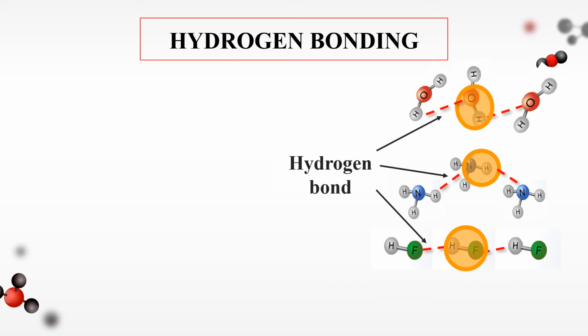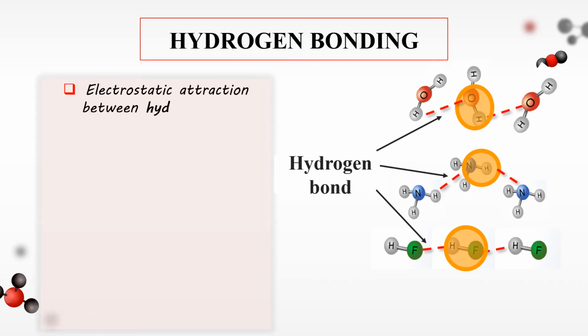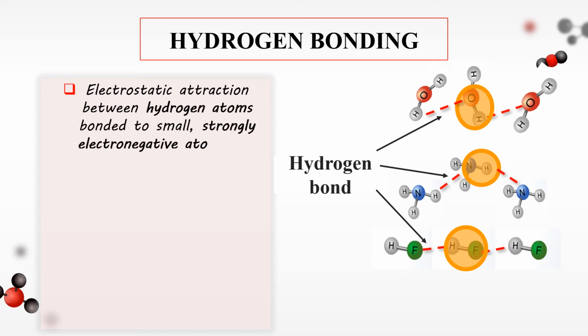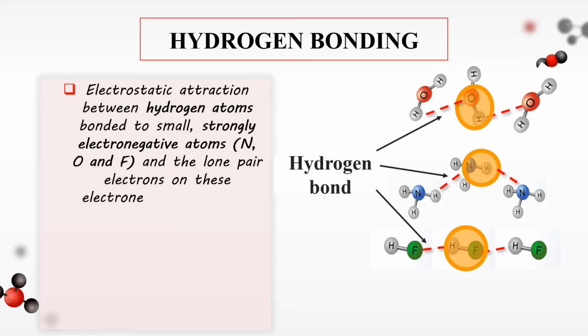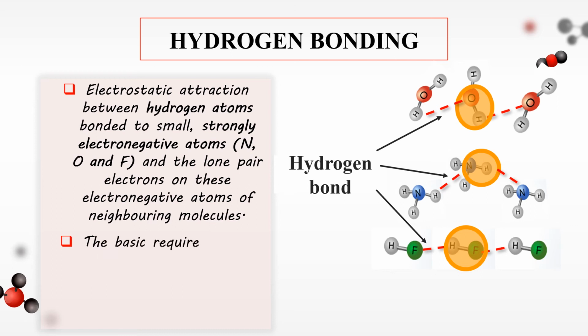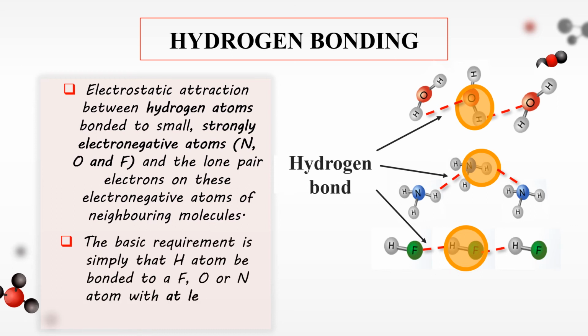In order for a molecule to have this force, it must contain a nitrogen, oxygen, or fluorine atom attached to hydrogen. So we can define hydrogen bonding as the electrostatic attraction between hydrogen atoms bonded to small, strongly electronegative atoms, which are nitrogen, oxygen, and fluorine, and the lone pair electrons on these electronegative atoms of neighboring molecules.